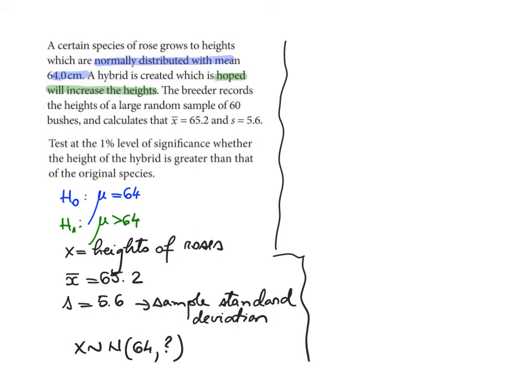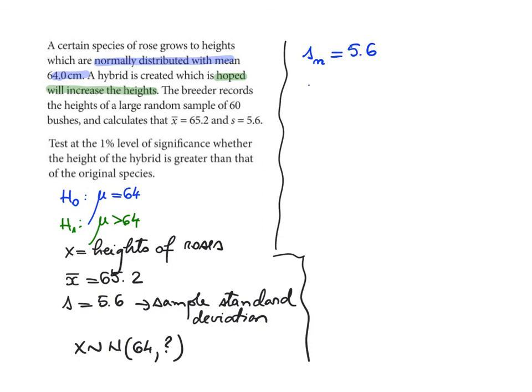In general, we will not know the standard deviation or the variance of the population, but we know from what we learned in a previous lesson how to estimate it from the standard deviation of the sample. In this case, the standard deviation of the sample S, which we before denoted by Sn, was 5.6. It's from a sample of size 60.